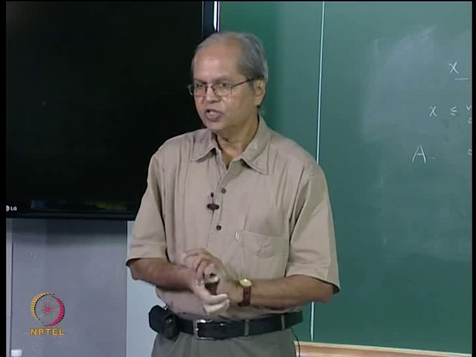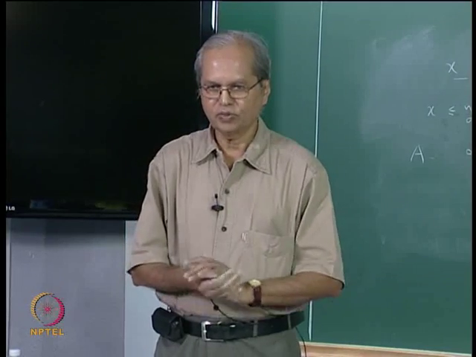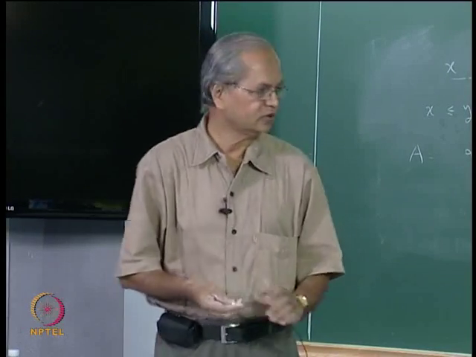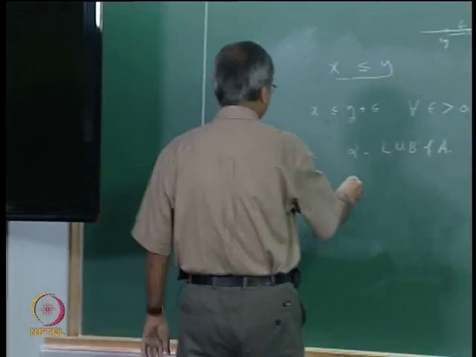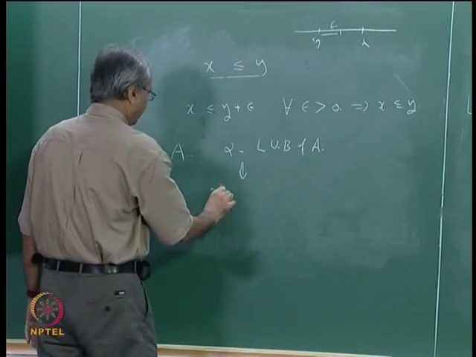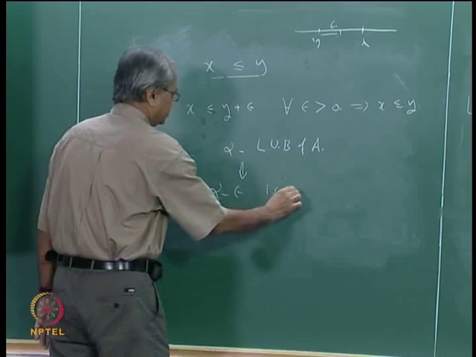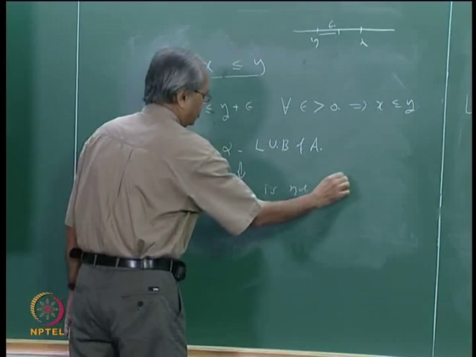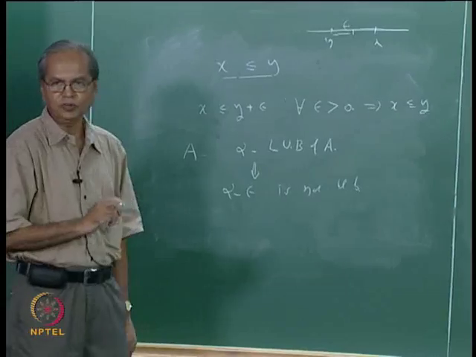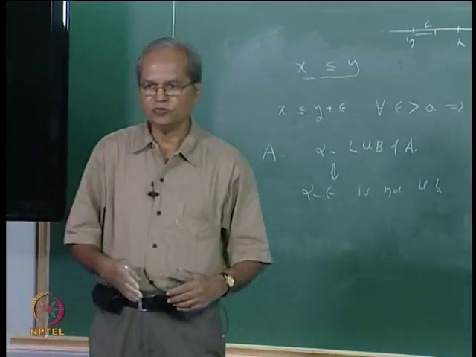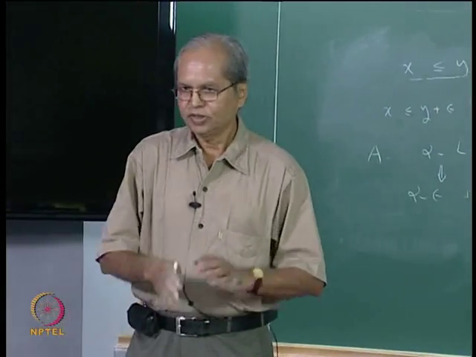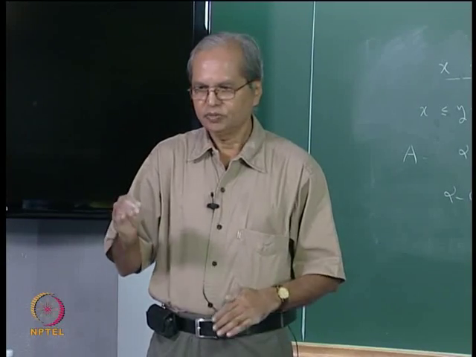If I take any number smaller than that, then that is not an upper bound. So alpha is the least upper bound. This means alpha minus epsilon is not an upper bound for any epsilon bigger than 0. But if something is not an upper bound means what? There is some element in A which is strictly bigger than this.